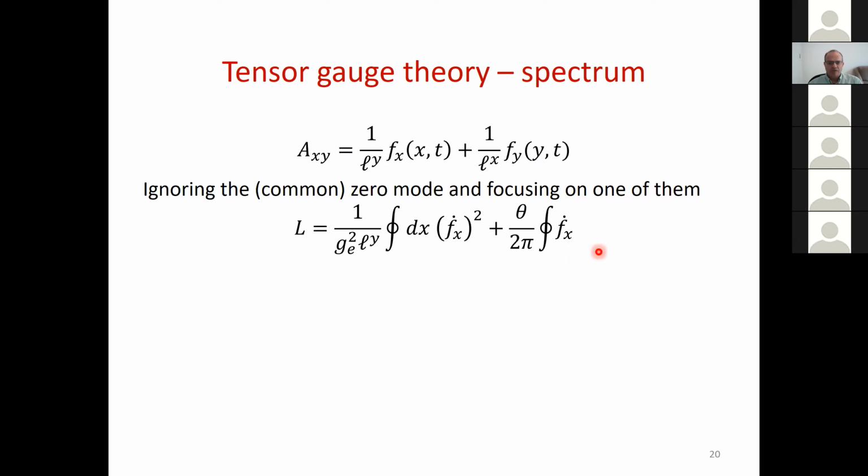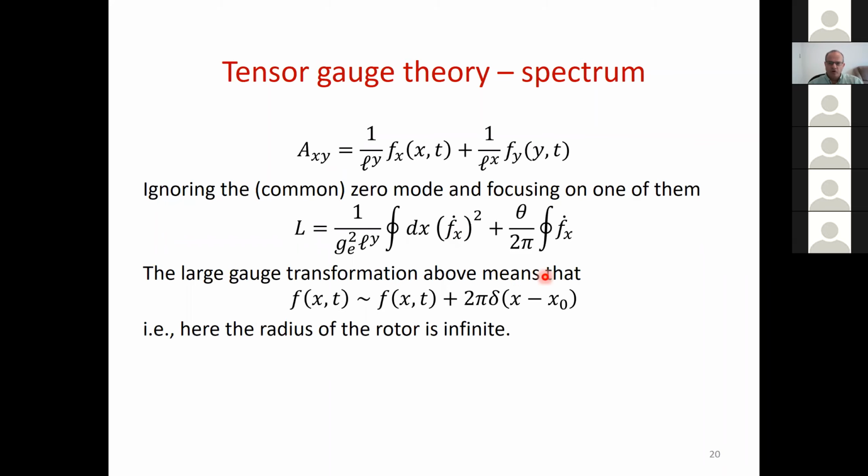And they again look like a rotor with a theta parameter. Everything is finite so far, except that there's one crucial difference between the same system we discussed before and this one, that if we look at the gauge transformation alpha I mentioned earlier, it shows that this f is circle valued, but it's circle valued with a delta function.